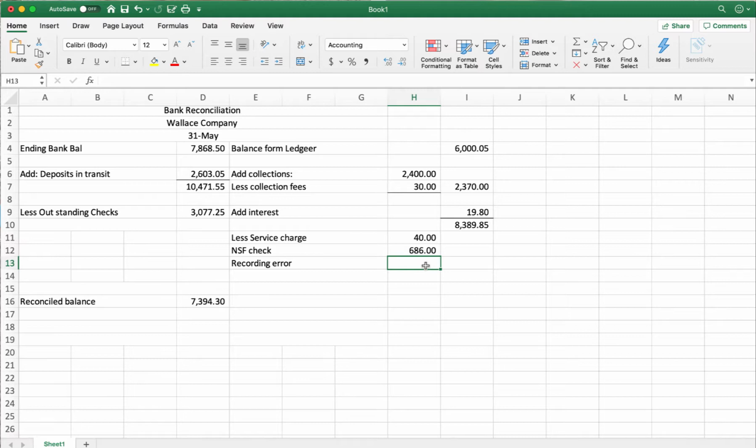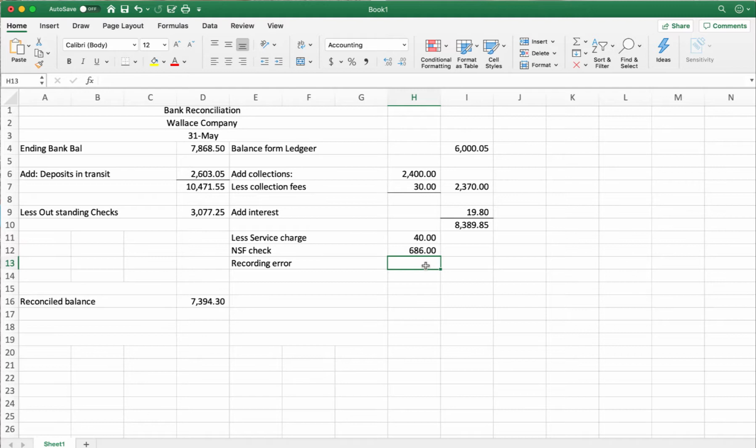Okay? And then the last thing, number 7, says Wallace Company incorrectly recorded the payment of an account payable as $360. The check was for $630. So what we have here is just an error, right? We wrote a check for someone for $630. When we went to record it in our books, we only recorded it as $360.